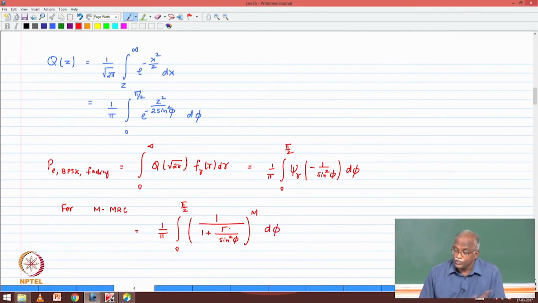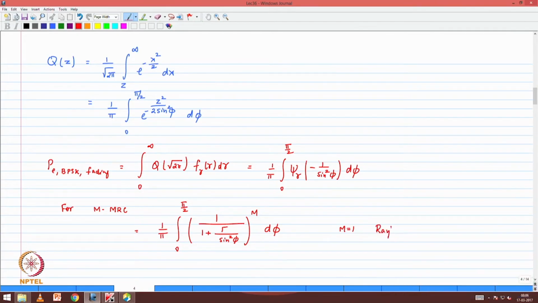Okay, where gamma is your average SNR that is provided for us. Again, this is in terms of the numerical integration. Once you're given gamma, once you're given m, this should be something that we can readily program. And special case of the special case, if you take m equal to 1, you basically get single antenna Rayleigh fading, and you can verify that you're getting the forms that we are interested in.